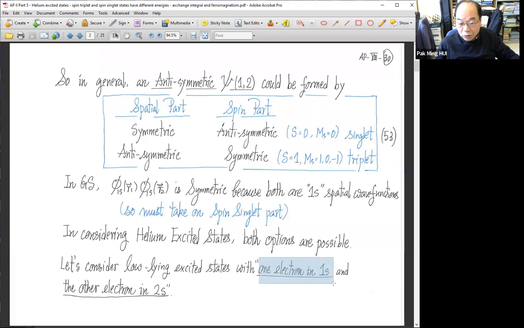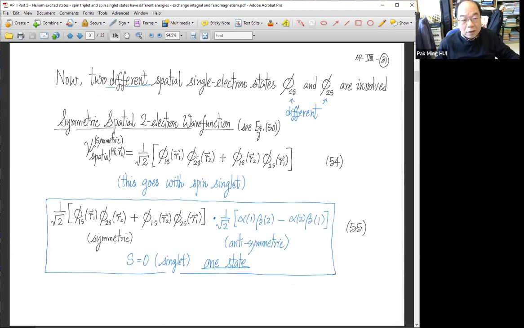We are thinking about one electron in spatial 1s and another in 2s. Therefore, in the spatial wave function, we have two different states. This is our phi A, phi B thing, okay? So this is phi 1s, phi 2s. The spin part, we will separate, factorize it out and consider it later. So these are spin wave functions, two different ones. So we have a spatially symmetric wave function by having a plus sign in the middle.